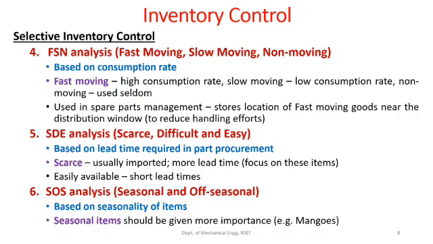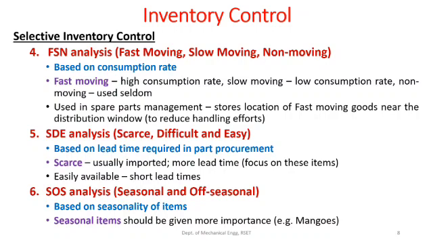Now the fourth selective inventory control technique is the FSN analysis, which classifies items as fast moving, slow moving and non-moving. Now this particular classification of items kept in inventory is purely based upon the consumption rate, that is the rate at which these items are being utilized or taken from the stock.